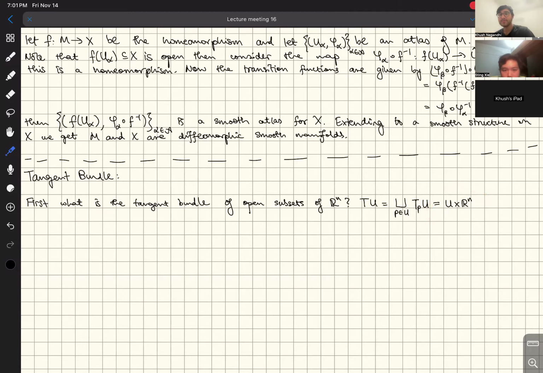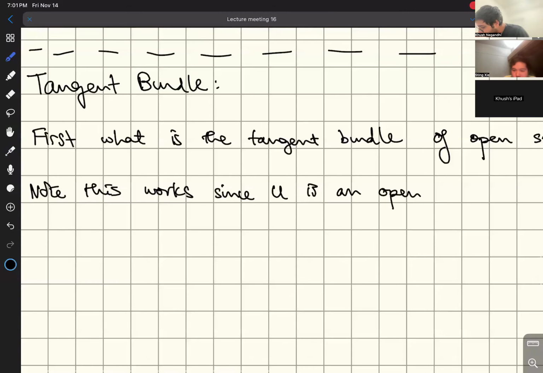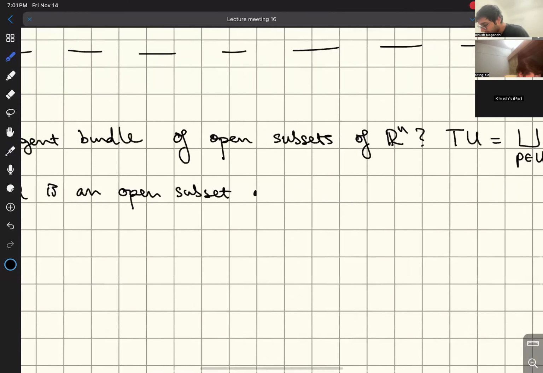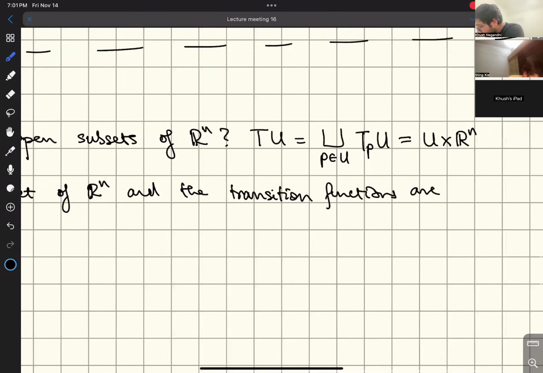But as we will see, especially in the case of the sphere, the sphere is the first non-trivial example that comes to mind, where the tangent bundle does not decompose like this. Note, this works since U is an open subset of R^n and the transition functions are quite nice.